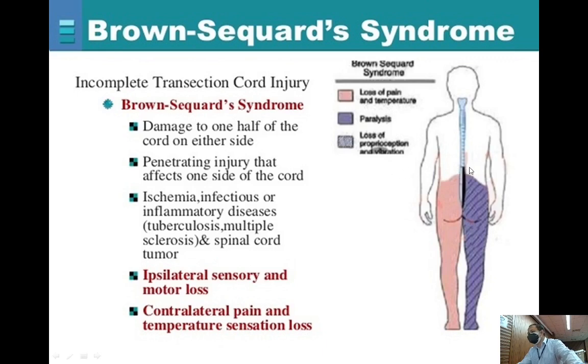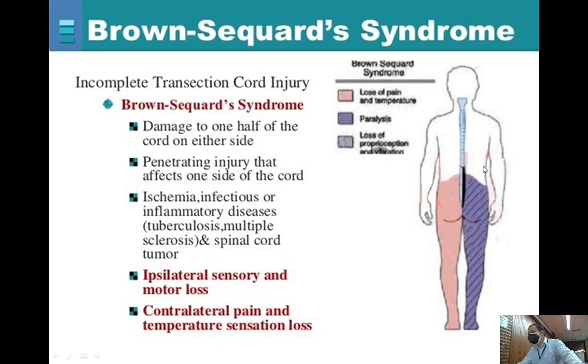So complete loss of all sensation will occur at the level of lesion. And what about motor deficit? You would see a lower motor neuron deficit at this level.